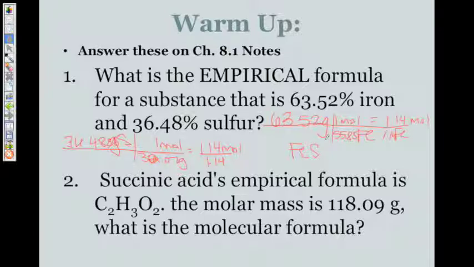Now, for succinic acid, it's given us the empirical formula right here. Then it gives us the molar mass. Well, we need to see if those match. So I'm going to take this and find its molar mass. So I'm just going to round to 12 times 2 plus 3 times 1.